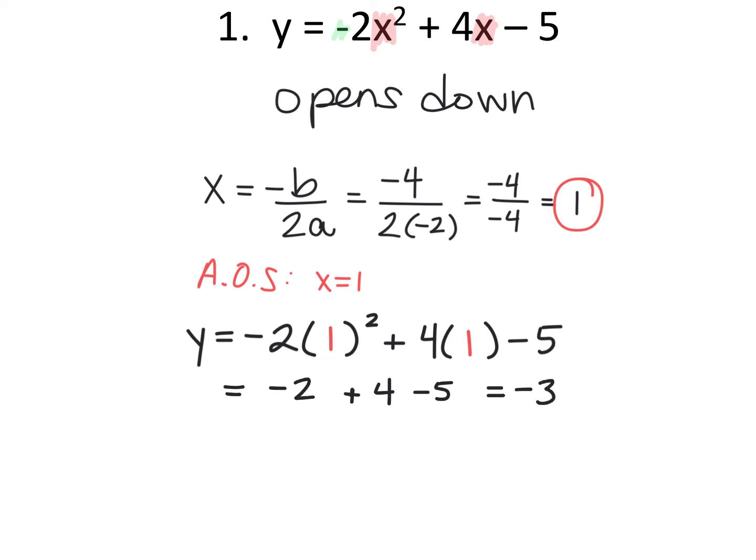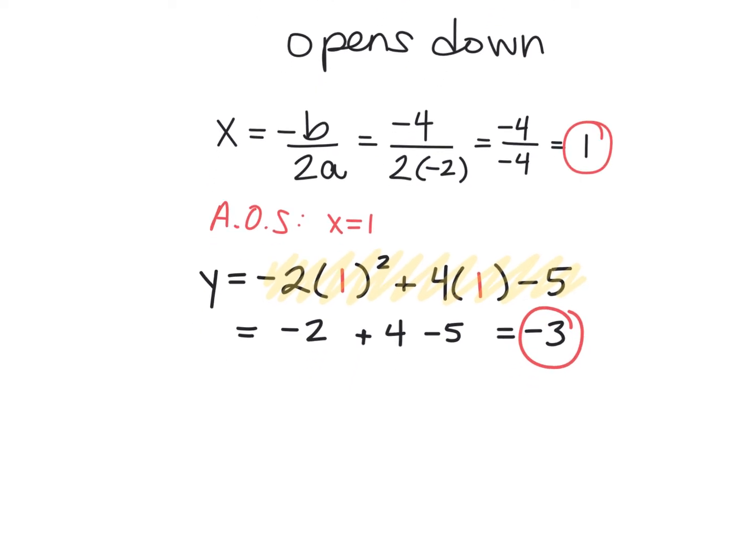If you're typing it in a calculator, then you would be typing in this section. Okay. So we got that the y value is negative 3, which means that my vertex is at 1, negative 3.